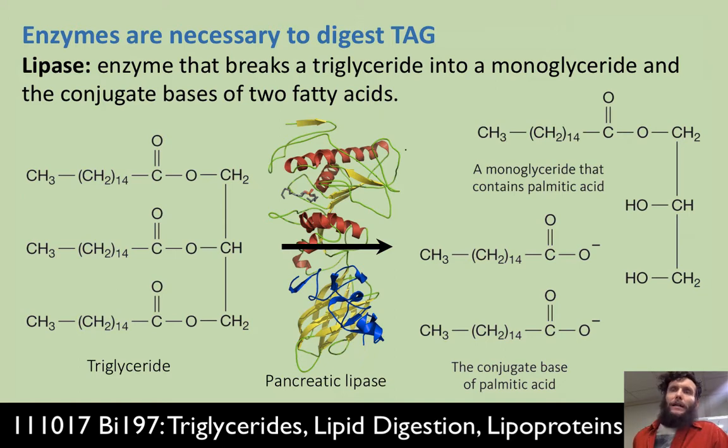All right, pancreatic lipase is closely associated with the emulsion droplets. In fact, there's another protein that binds to lipase that embeds itself in the emulsion droplet and acts as an anchor, so that lipase is right there at the emulsion droplet, chucking off free fatty acids left and right. Okay, this is pancreatic lipase. It's going to produce monoglycerides, meaning a single fatty acid attached to a glycerol backbone, and two free fatty acids.